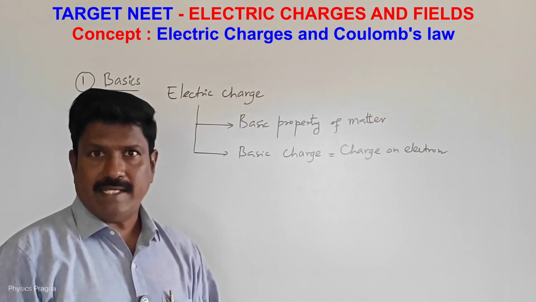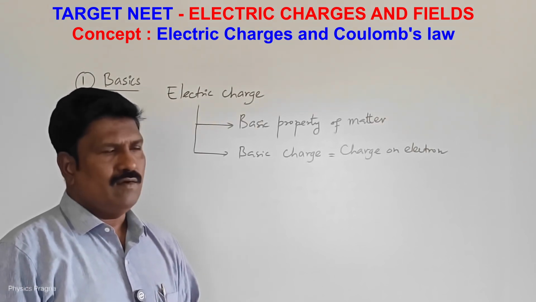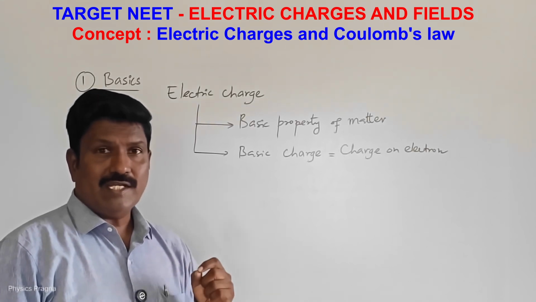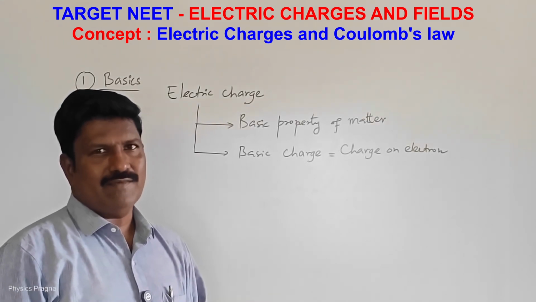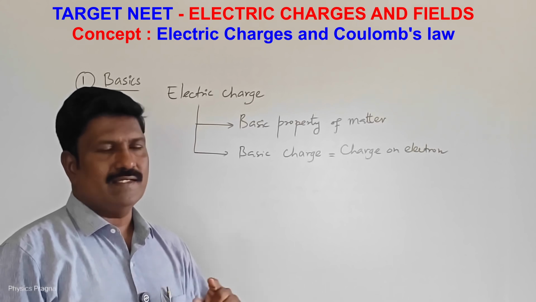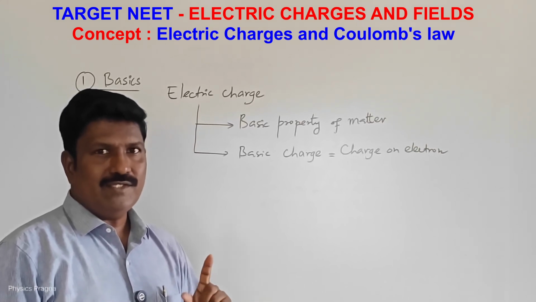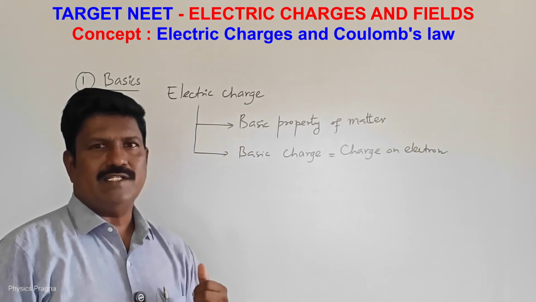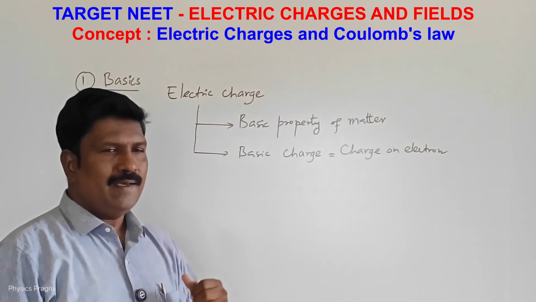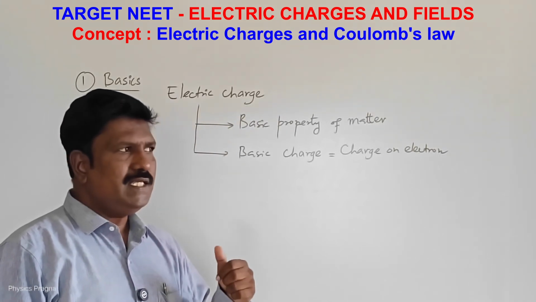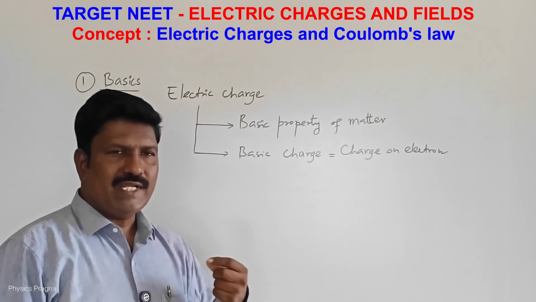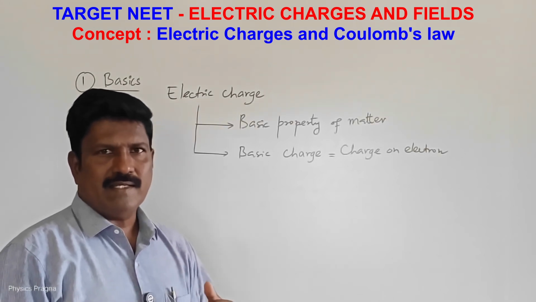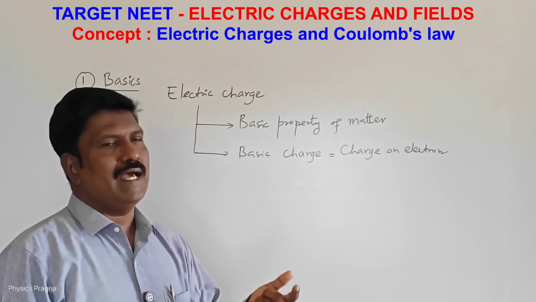That is one advantage. Another advantage is that whatever the speed at which this electron moves, the magnitude of the charge it has never changes. That's why we have taken the charge on the electron as the basic charge, and it is easy to transfer this electron from one body to another body.